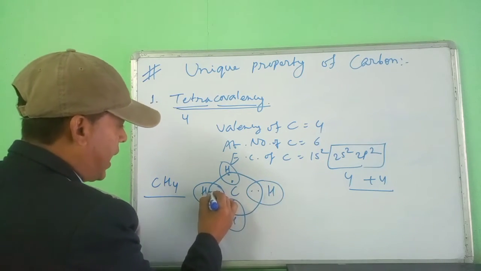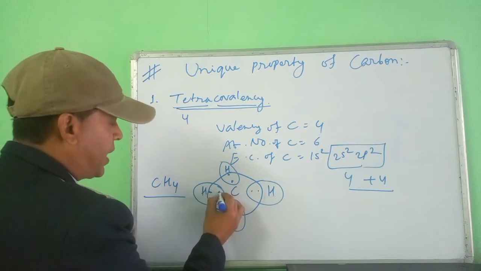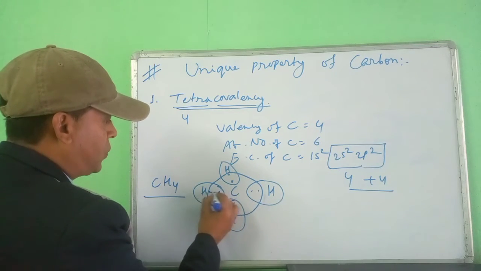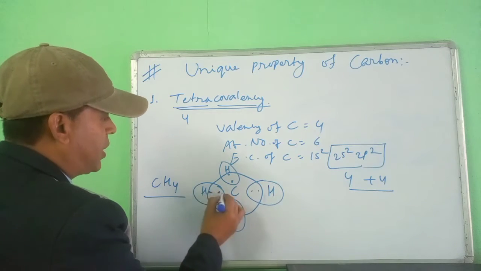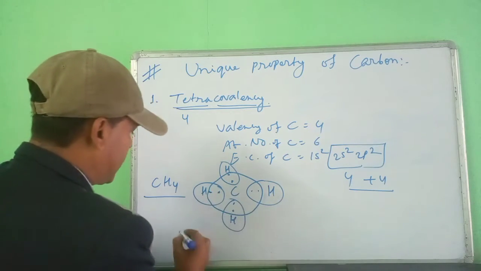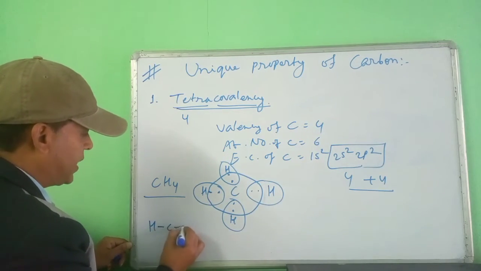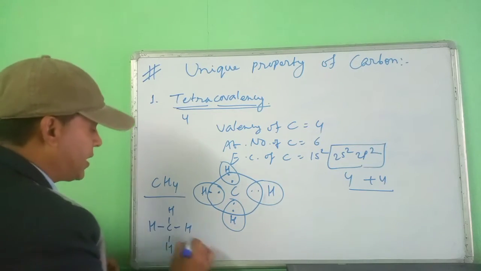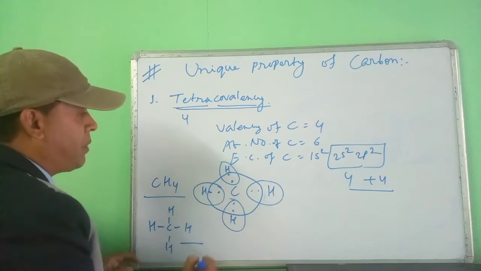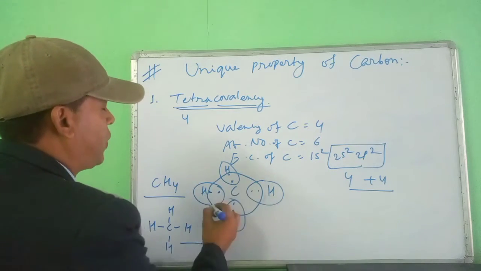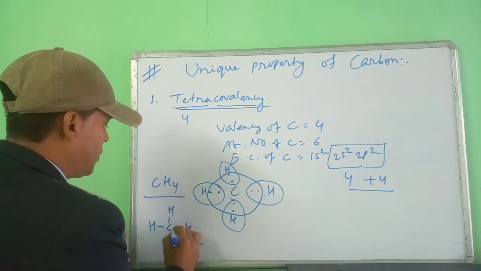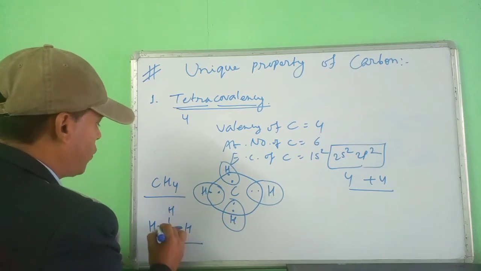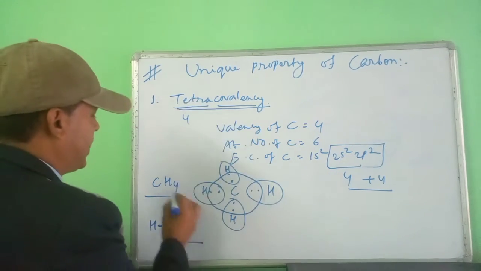Hydrogen also shares 1 electron of the carbon, so hydrogen has 2 electrons and is also stable. This way the structure is H, C, H, with H and H, which is methane. So this type of mechanism takes place: 4 covalent bonds. So here the tetra and covalency, this way.